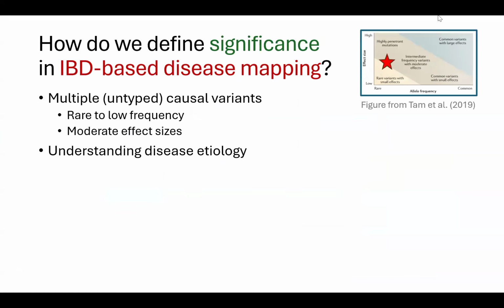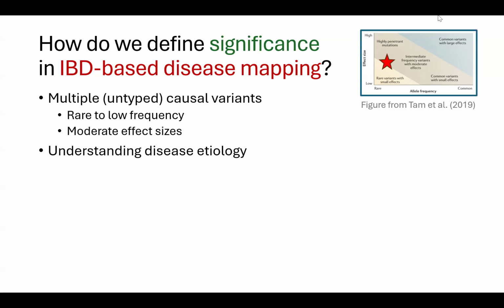So the goal here is that we want to determine genome-wide significance in a particular disease mapping study for complex haplotypes. Now, up in the upper right-hand side of this slide, we have this dichotomy of allele frequency by the genetic effect size. And we have multiple different types of studying such variants with different experimental designs.